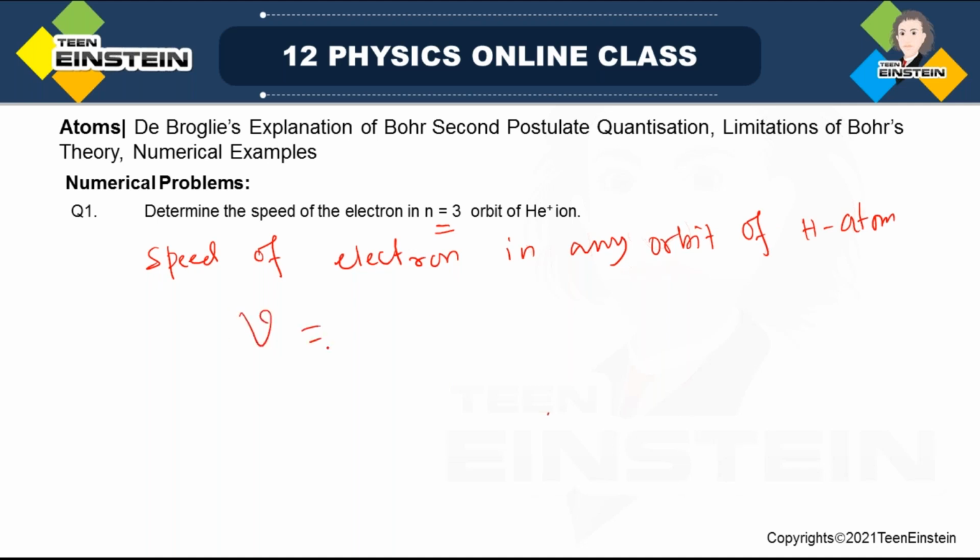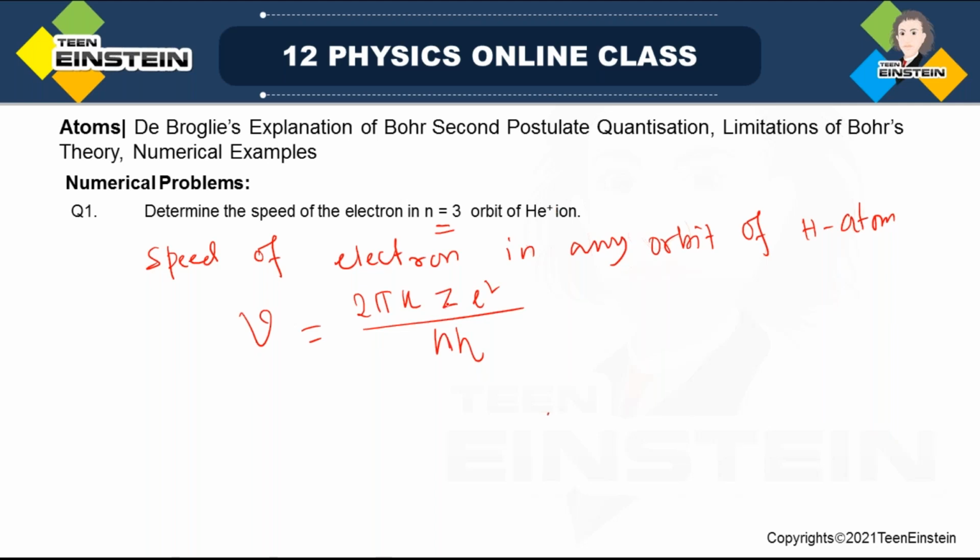So how do you write that? V is equal to, I'll write the original formula first, 2 pi k z square by nh. Actually, this is h and this is n. This is the principal quantum number.